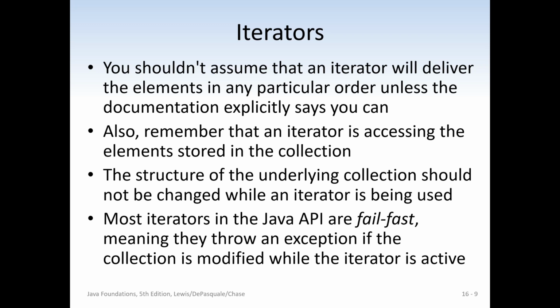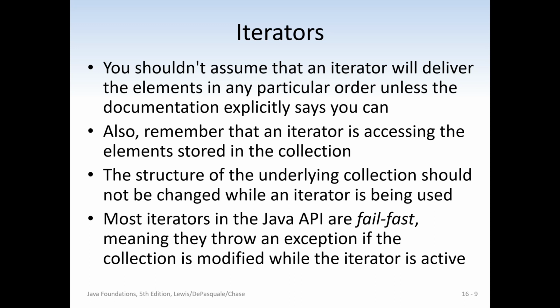Searches would be order log n, whereas with a linked list implementation, they would be order n, right? So the iterator itself is usually related to the underlying structure of the collection, which is not guaranteed. So unless the documentation says it's going to give you a particular order, assume it's not.